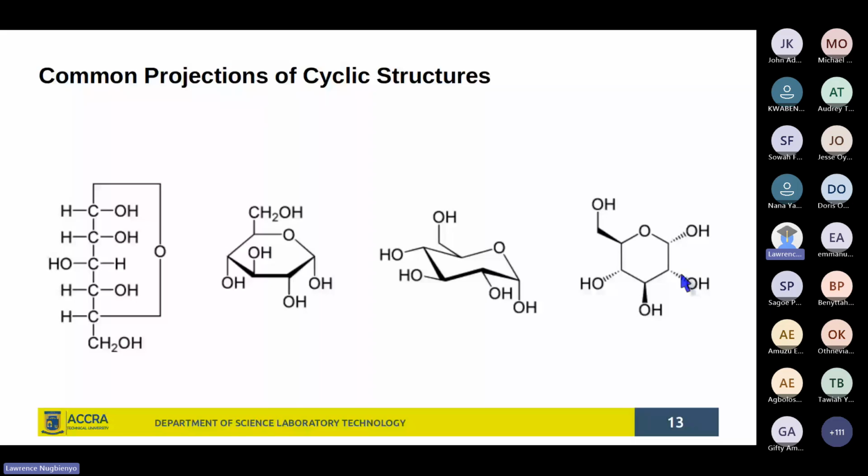The dash lines mean that these are pointing away from us, and the thick lines show that these groups are pointing towards us. Not enough information is on these, but it's also one of the ways.